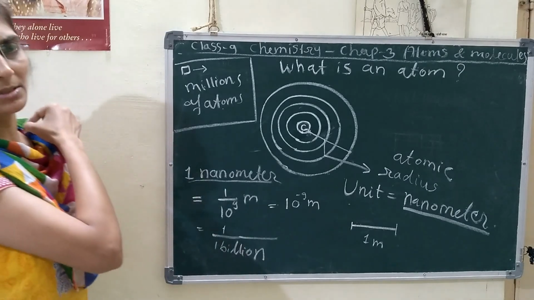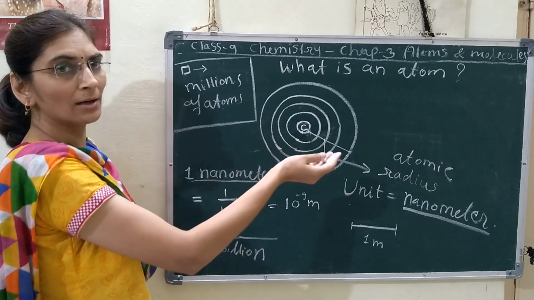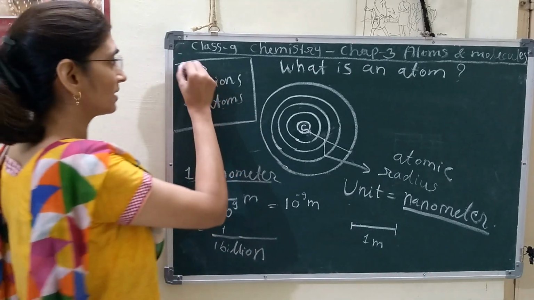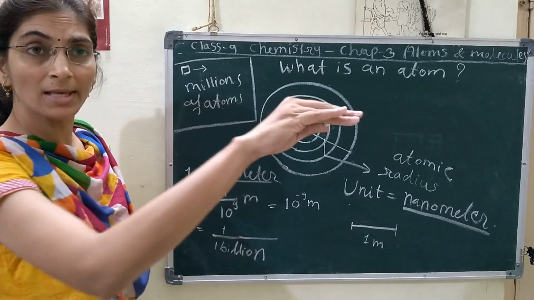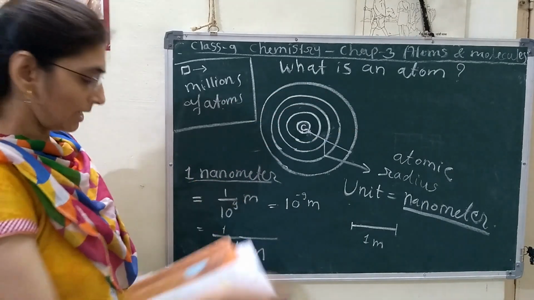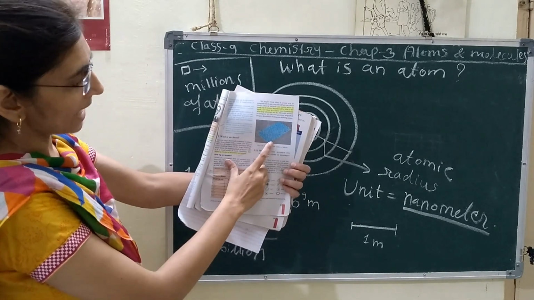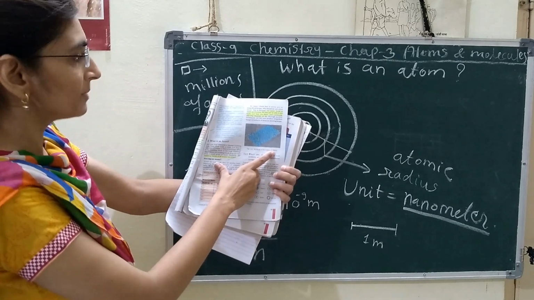Our scientists in later times got success in taking a snap of the surface of an element. Here in our textbook also one snap is given. This snap is an image of the surface of silicon.